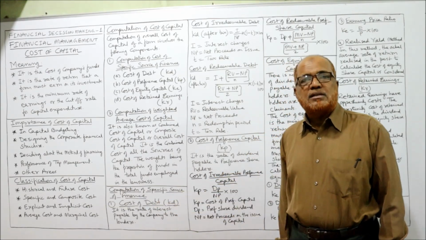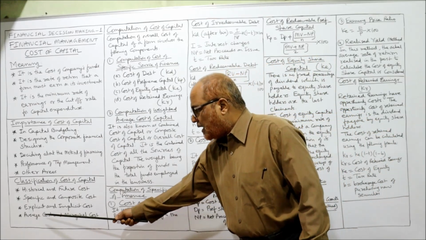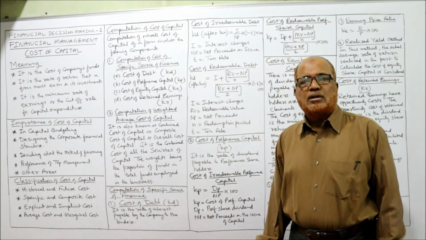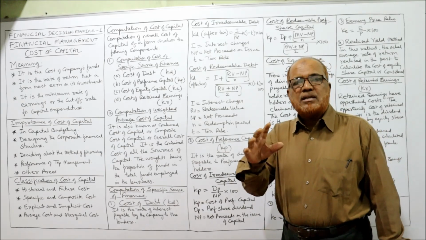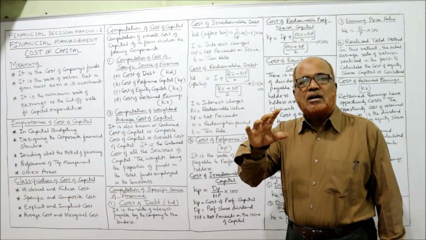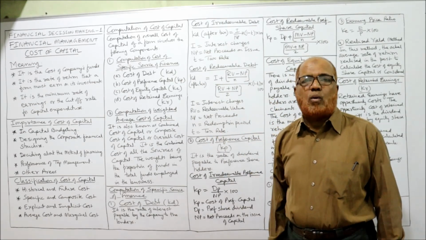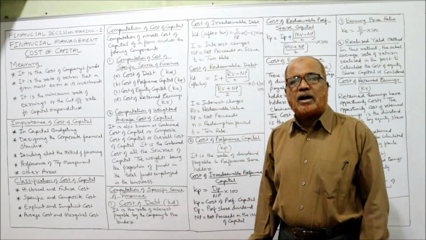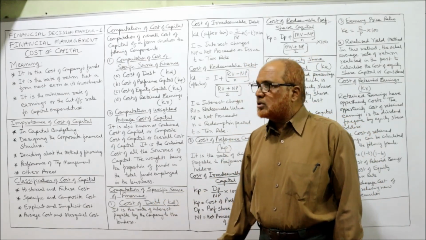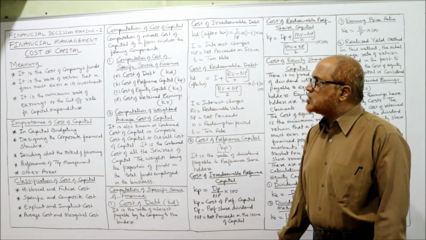That is called implicit cost. Then average cost and marginal cost. The present cost is called average cost, whereas the marginal cost means the cost incurred for additional funds required. The cost required for new funds required is called marginal cost. These are the classification of cost of capital.